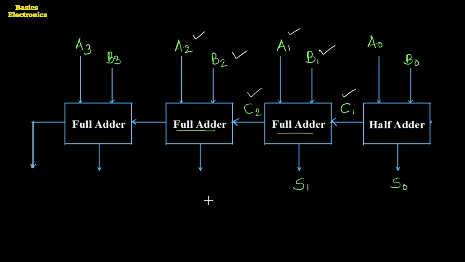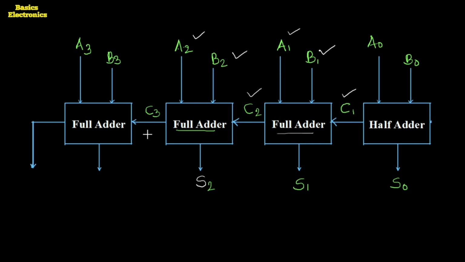It produces the sum output S2 and it generates the carry C3, which is added to the next full adder as a third binary bit.